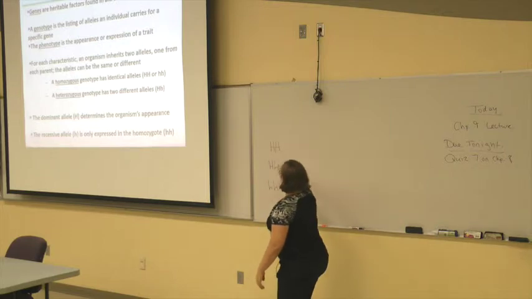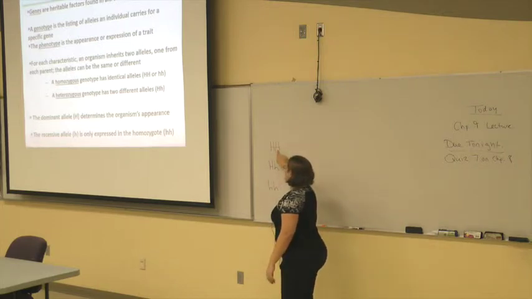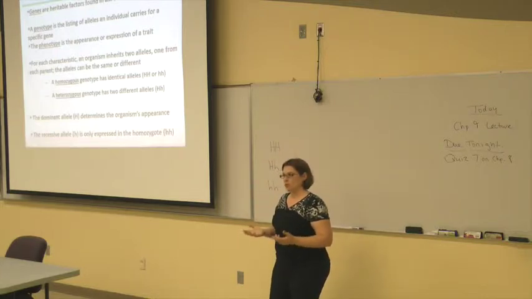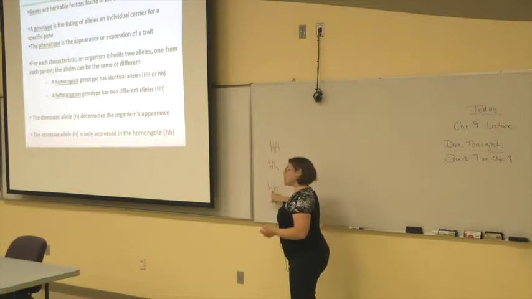This genotype is called homozygous. Homozygous means two copies of the same allele. What about this? Is this also homozygous? Yes, this is also homozygous. Little h, also homozygous. You've got two copies of the same allele.